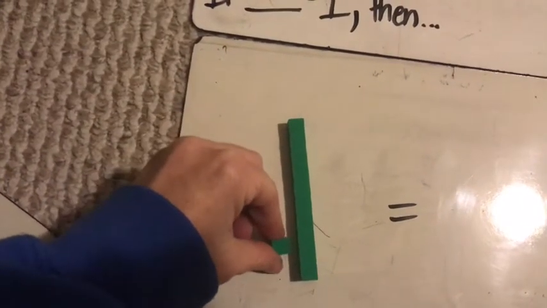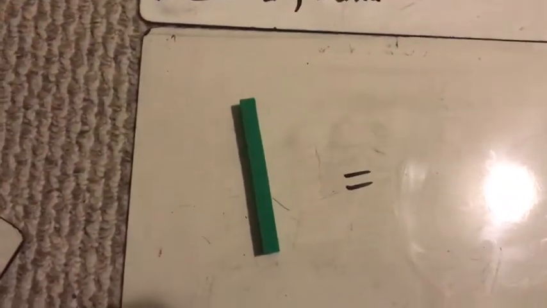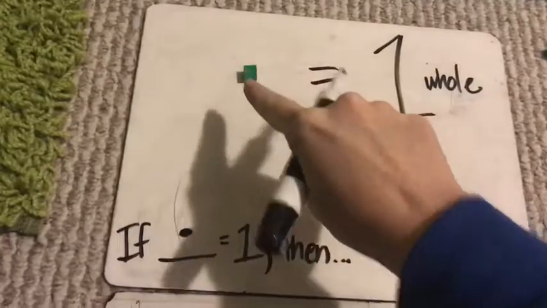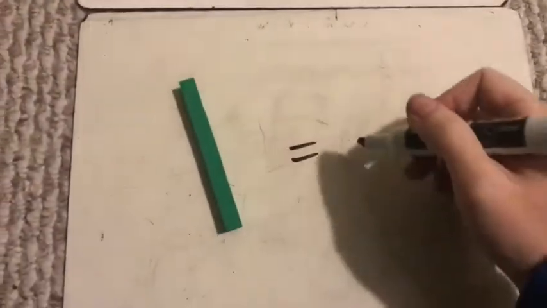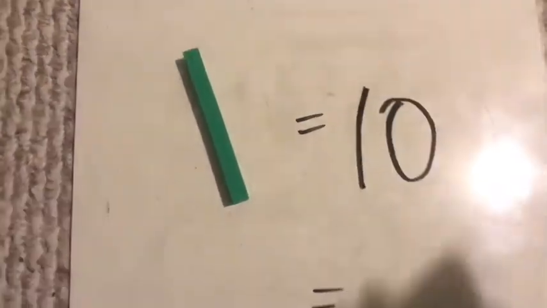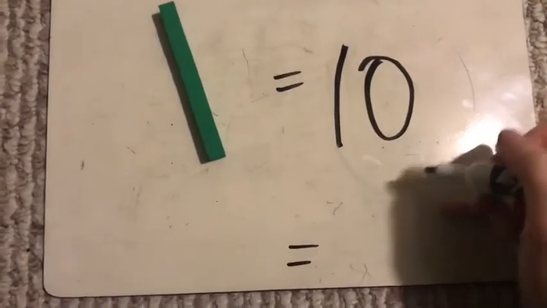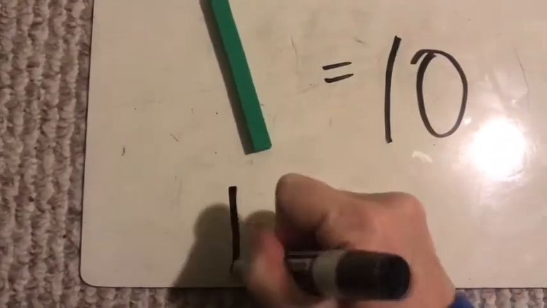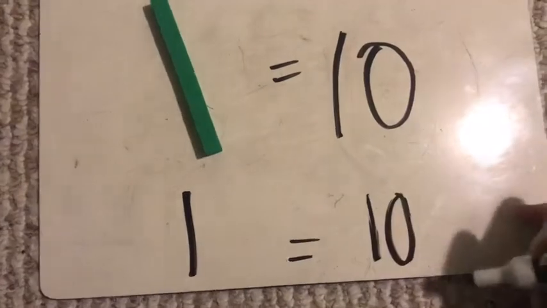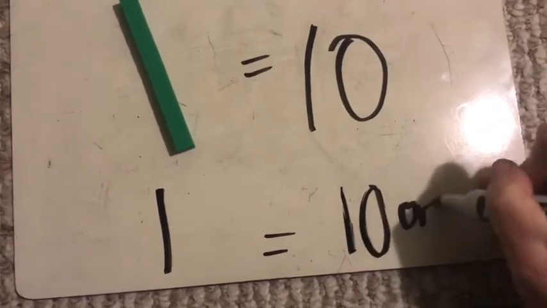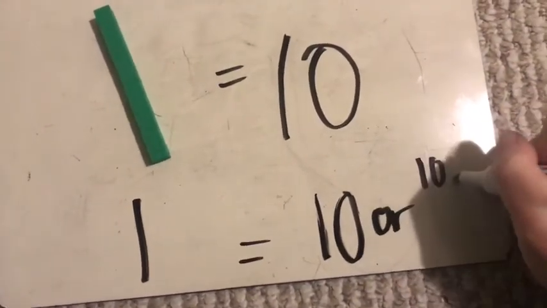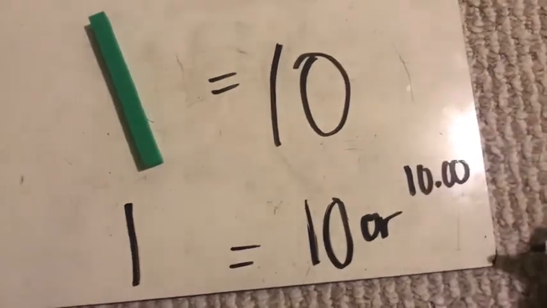So that is 10 ones, or 1 plus 1 plus 1, all 10 times. So that means if this piece is 1 whole, then this piece must represent 10. If I were to write 10 as a decimal, and I can even do my picture, so that piece would represent 10. Or I could say 10 as a decimal, okay?